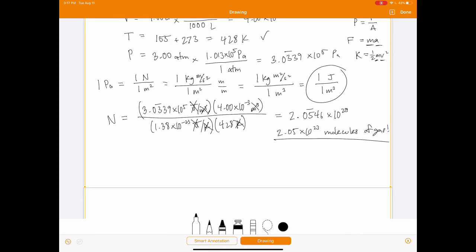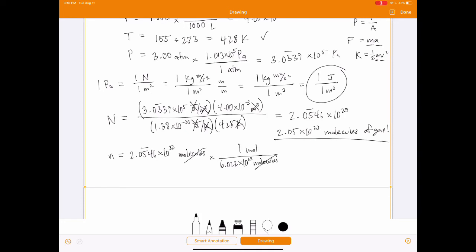Okay, so how about the number of moles? That's the next question. Well, if we have 2.0546 times 10 to the 23 molecules, we can convert that to a number of moles just using Avogadro's number, because we know that there's 6.022 times 10 to the 23 molecules in every 1 mole.